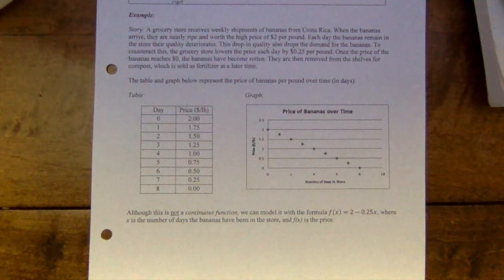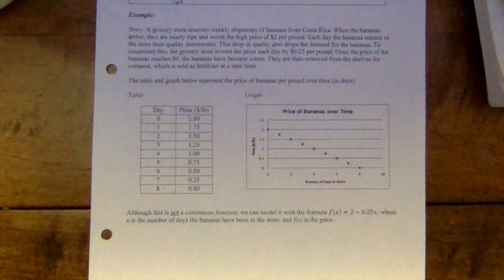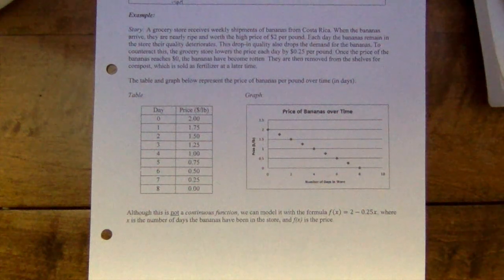F of 2 is going to be the y value, or the function value, and that's going to tell us how much the bananas cost in dollars per pound. So I'm going to talk about all 3 ways that you could have determined what f of 2 was based upon the information that we're given.